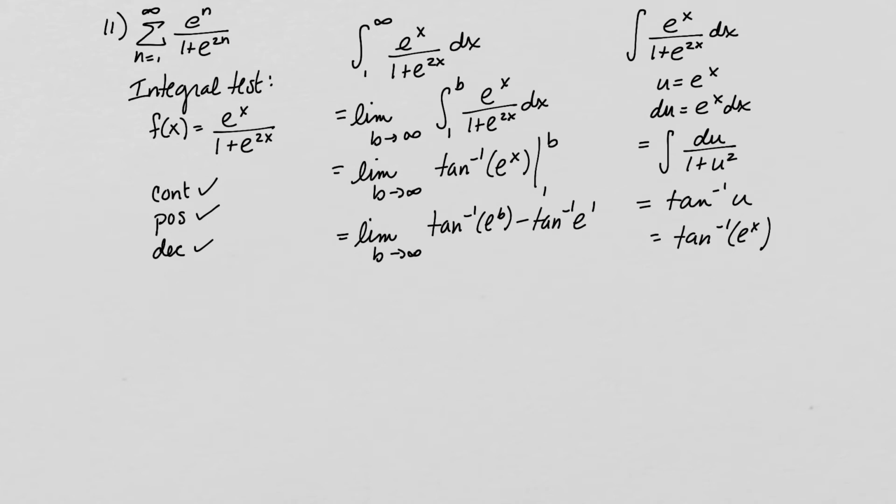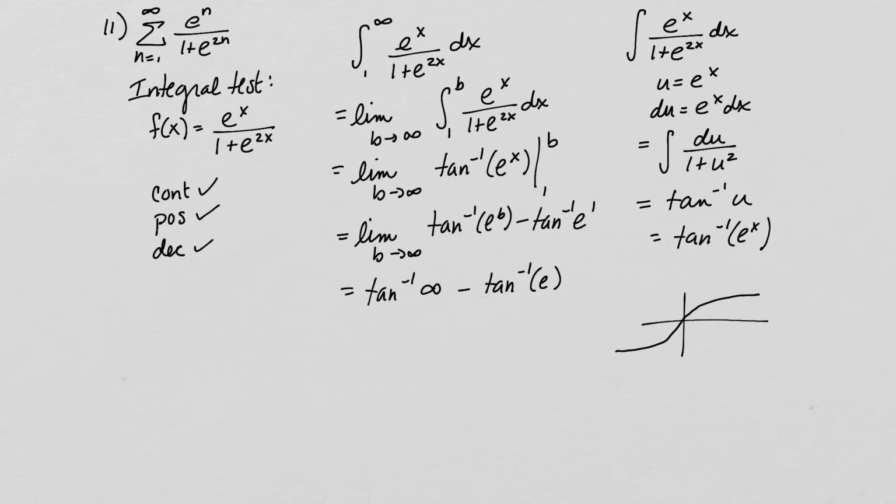And so as b goes to infinity, this e to the b is going to go to infinity. So what we really have is the inverse tangent of infinity minus the inverse tangent of e. And if you remember the inverse tangent function, it looks like this.